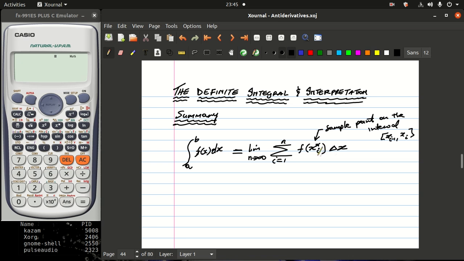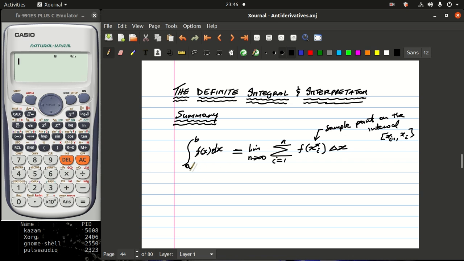The second thing that we talked about, of course, is just the limit, and this delta x here is actually the same as you take this b, you minus a, and then you divide by n. This is actually the length of each subinterval.